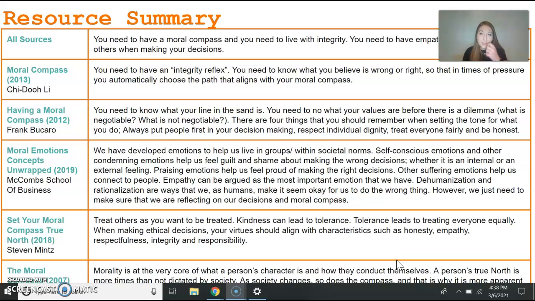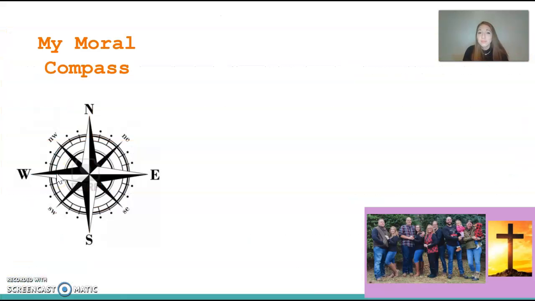We're finding that that's making it a lot harder for people to have that true north or to know what they believe or what they value, because they're coming out with something new every day that might contradict what they're doing, or just with society being so publicized these days, it makes it harder for people to know what is right and what is wrong. And so that concludes my resource summary.